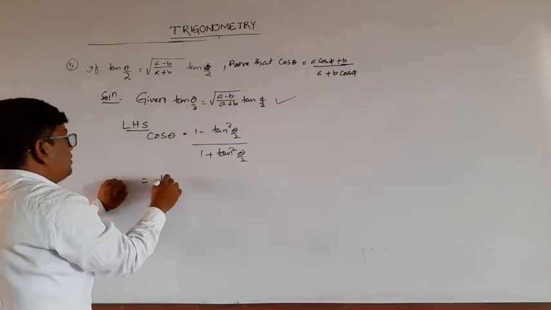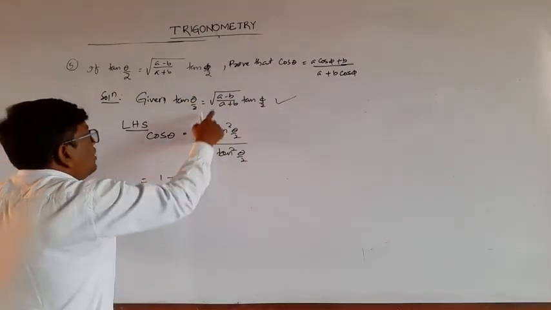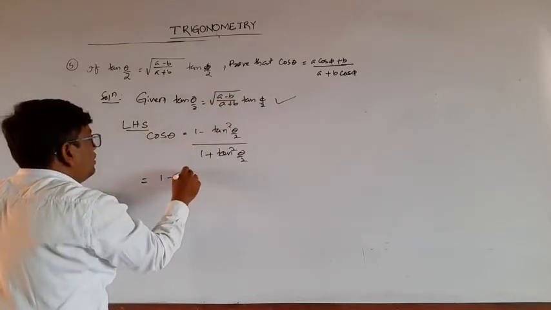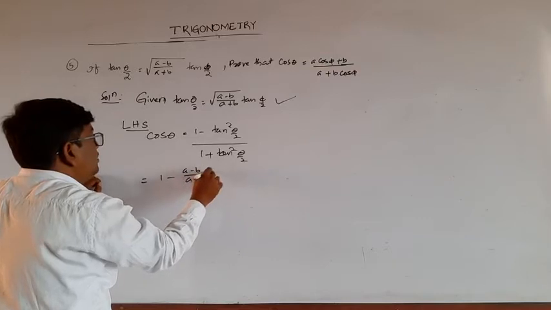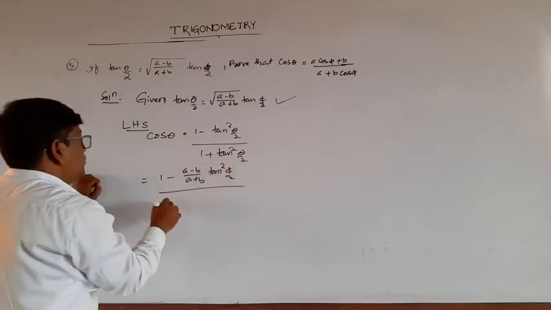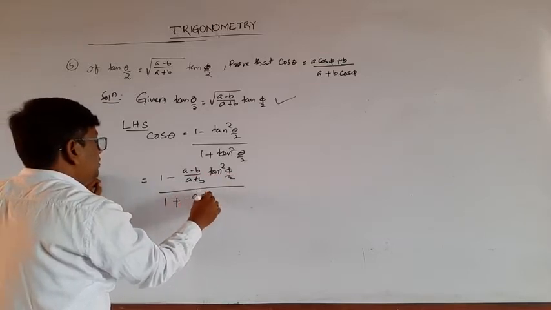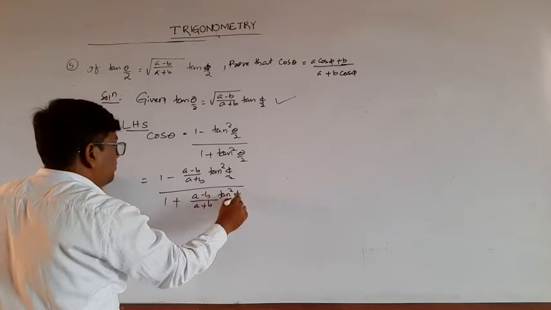So this is 1 minus tan θ/2, which means the square root of this square, so the root cancels. So (A minus B) by (A plus B) into tan² φ/2, divided by 1 plus (A minus B) by (A plus B) tan² φ/2.